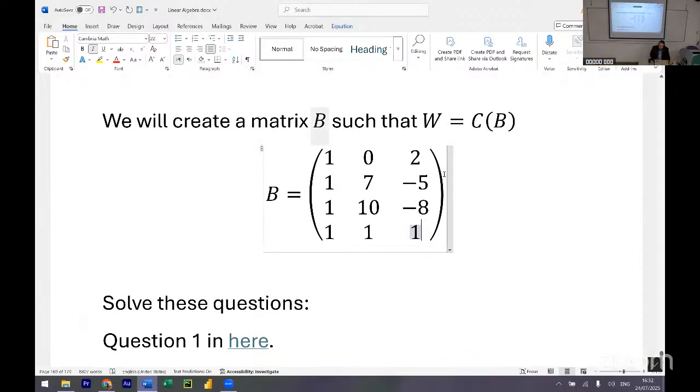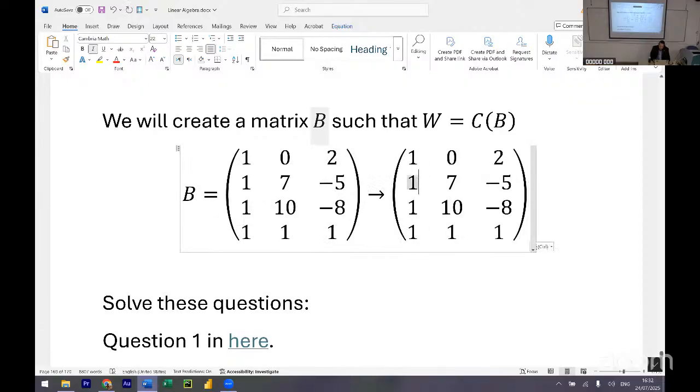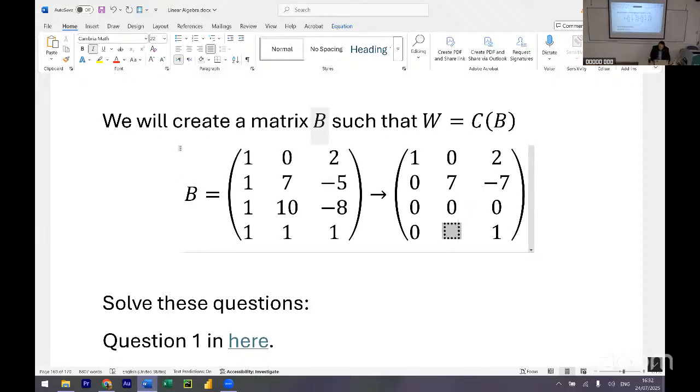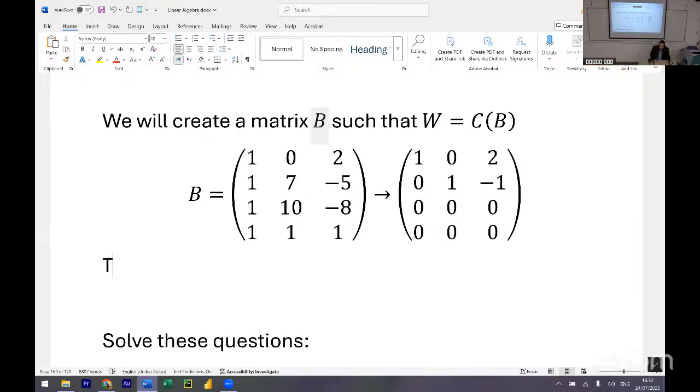Okay, so we do a Gauss elimination. Again, I will do it quickly. So that's 0, minus 7, 0, 0, and 0, 0, 0, 1, minus 1. There is no pivot in the third column.